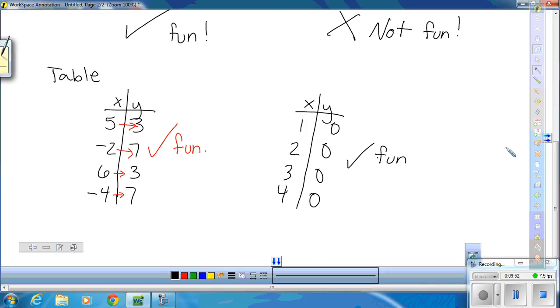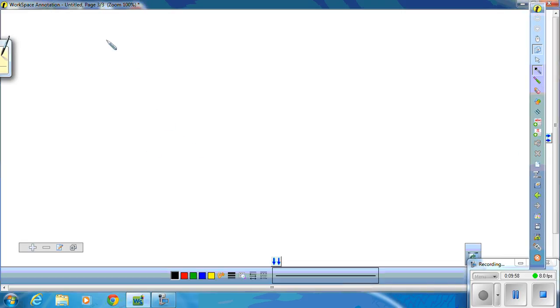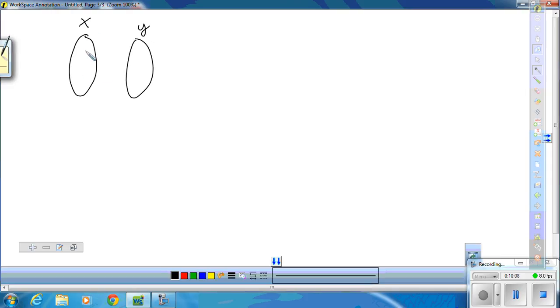So that makes it consistent, and that means that, yes, it is a function. Now, the graph and the mapping are a very visual kind of way that you see it. For a mapping, if I've got my domain and my range, here's my x's, and here's my y's, I want everything in the x bubble to only have one output. So that means that every number should only have one arrow out of it.